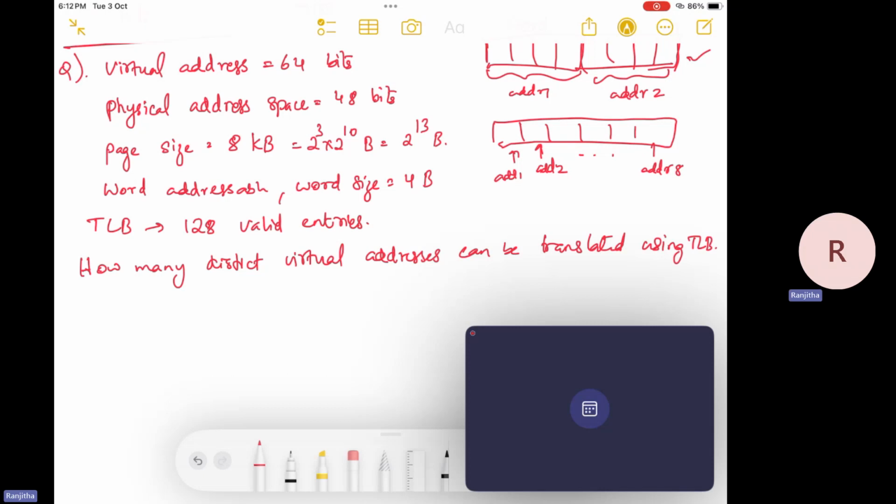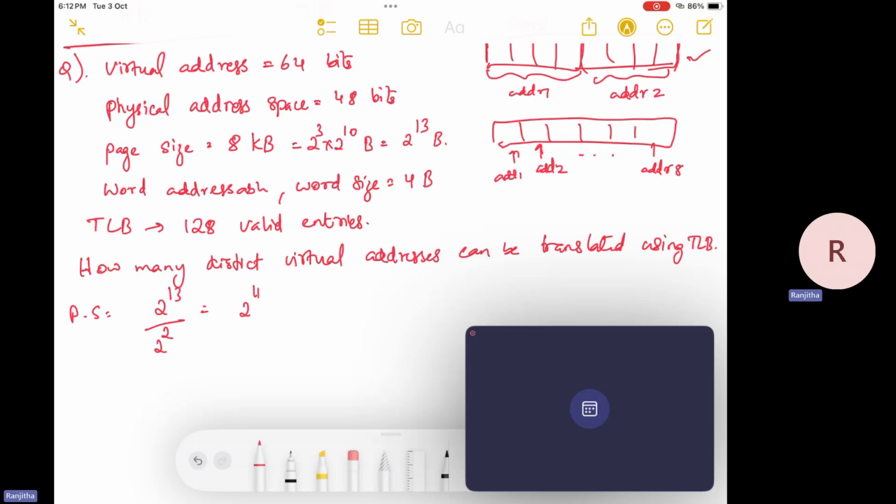The page size is 2 power 13, but it is word addressable, right? So the page size will be 2 power 13 divided by 4 bytes, which is 2 power 11.